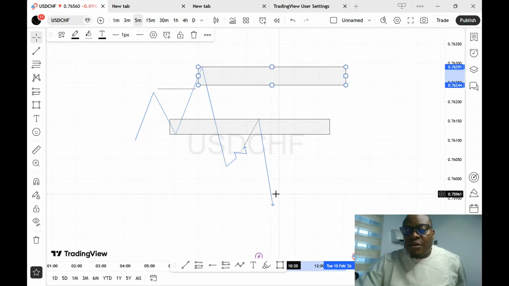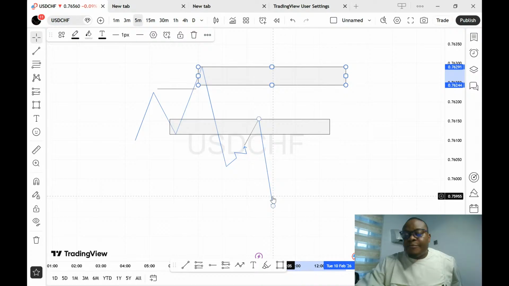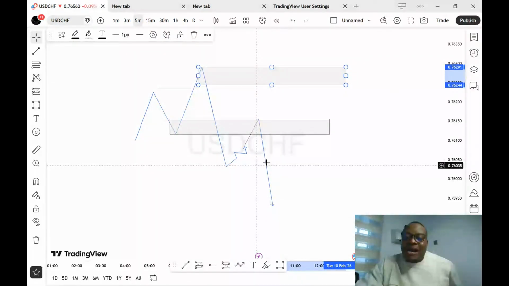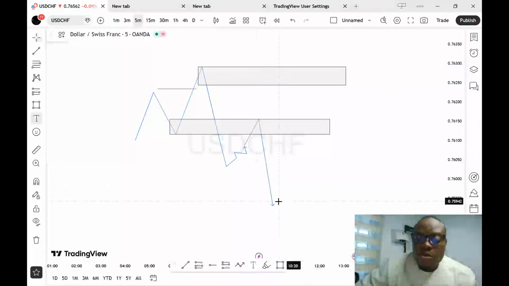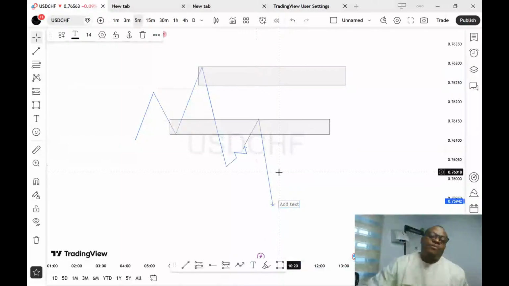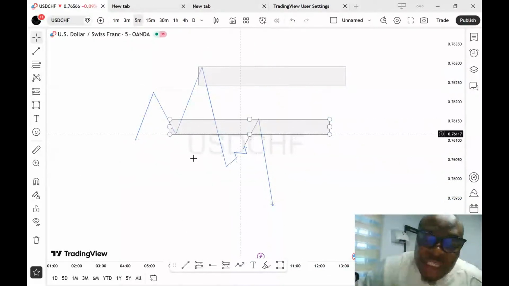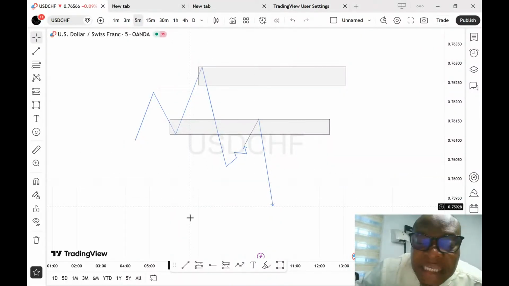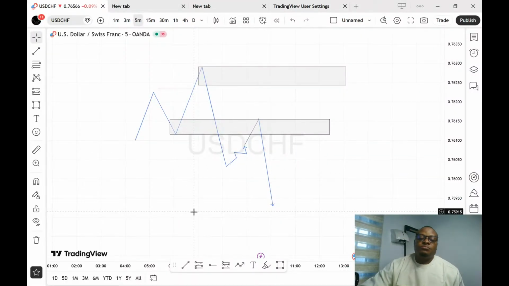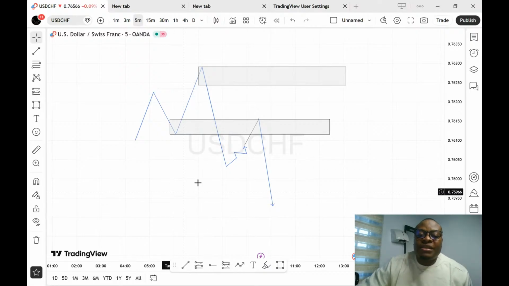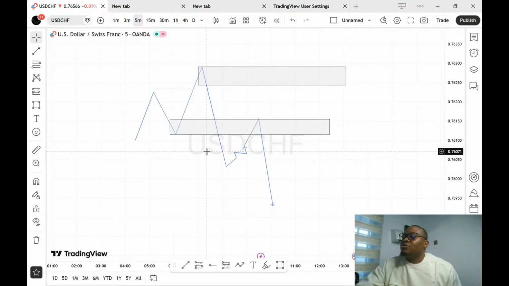Because later on, after this movement, price might likely come back to this original order block. Most times, what will happen is that these changes made here will end up being internal structure. Are you getting me? Everything that happened here will be internal structure.